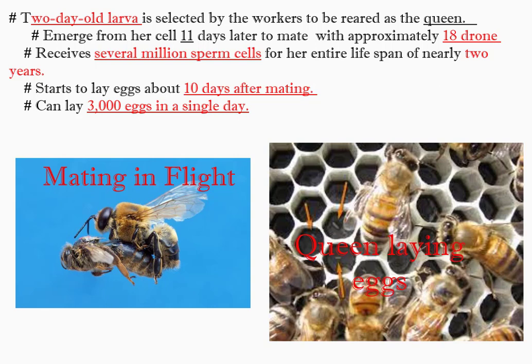During this mating, the queen receives several million sperm cells which last her entire lifespan of nearly 2 years. The queen starts to lay eggs about 10 days after mating. A productive queen can lay 3,000 eggs in a single day.